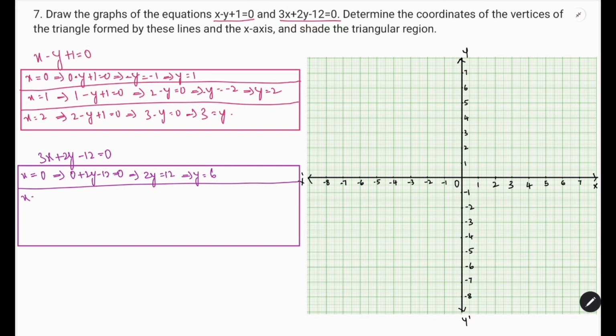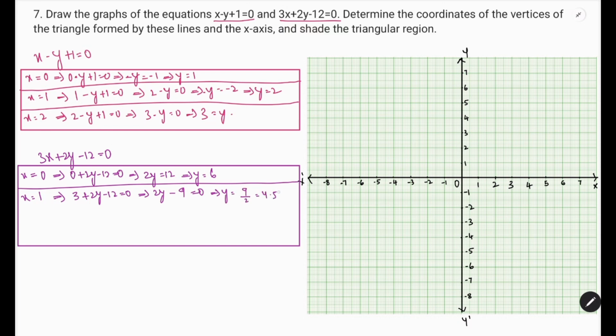If you take x equal to 1, then 3 into 1 is 3 plus 2y minus 12 equal to 0. Here 3 minus 12 is minus 9, so 2y equal to 9, y equal to 9 by 2.